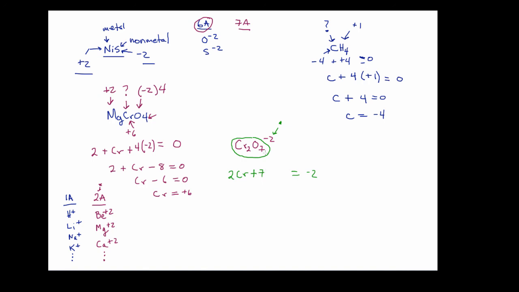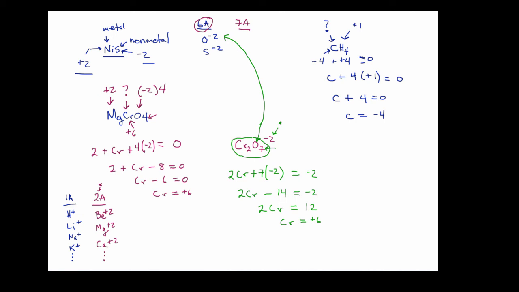There are 7 oxygens here, and again the O is going to be O -2. So we put in the -2 here. So the equation will be 2 chromiums -14 is equal to -2. That's the equation. So we're going to have 2 chromium is going to be equal to 12. So the charge on the chromium is equal to +6.